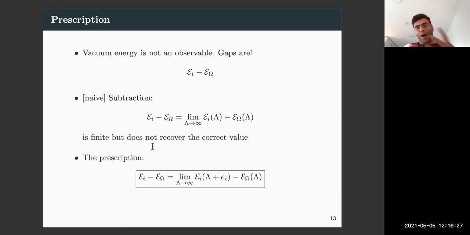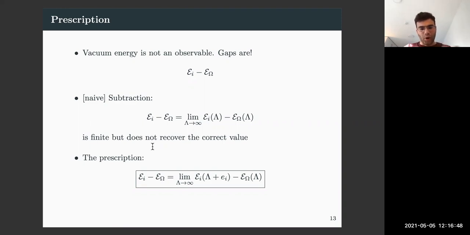So I'm skipping how we find the prescription, but it essentially comes from studying the perturbative description, the perturbative method, and we got this prescription that works, and I will talk about how it works later.